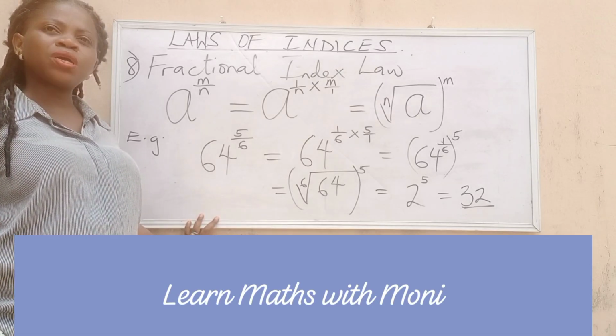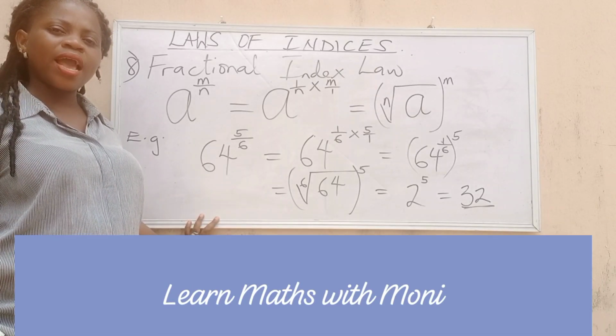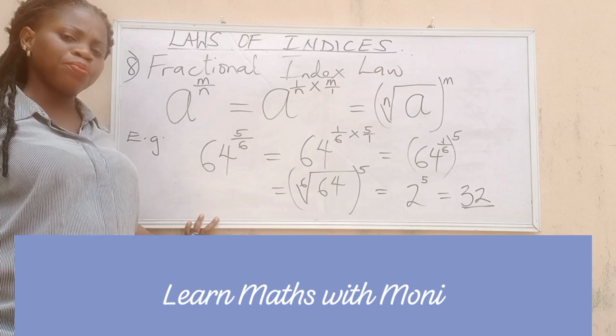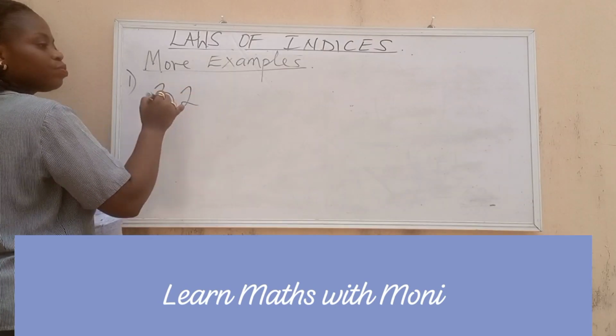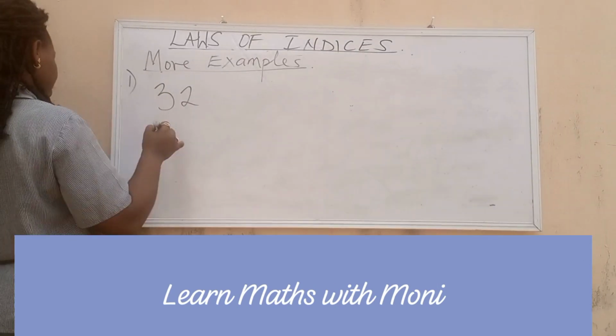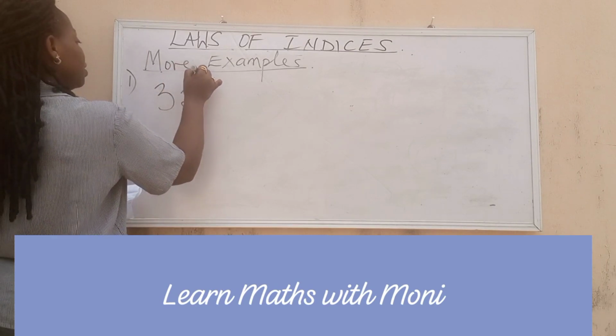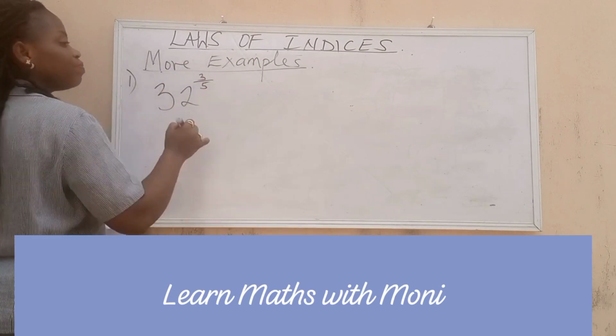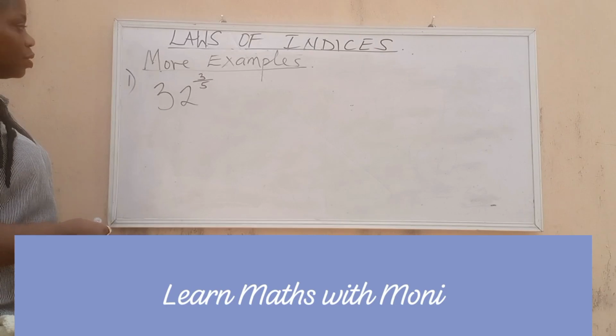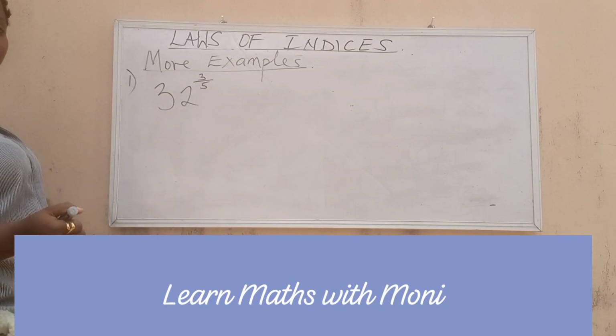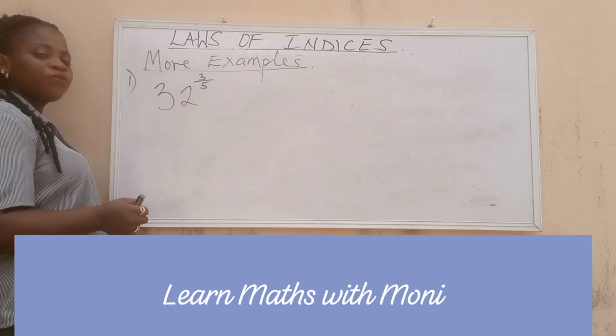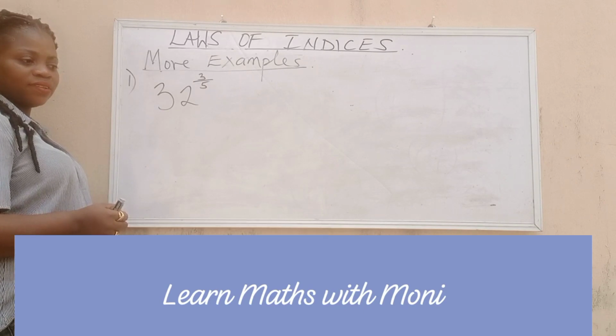Right now, we'll be looking at more examples. 32 raised to power 3 over 5. That means we are starting from the application of the fractional index.